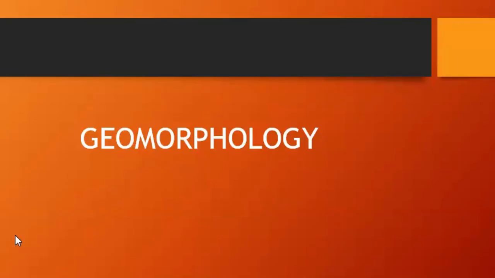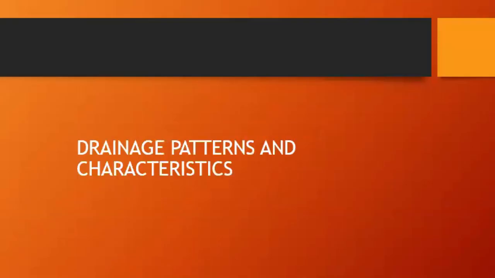But I'm going to try and apply a few aspects so that we see how we can do it on the map. The starting point that you normally do on the map is coming in line with the drainage patterns and their characteristics. We know that when it comes to drainage pattern, what do we understand?